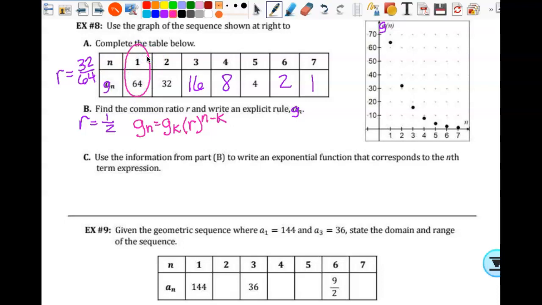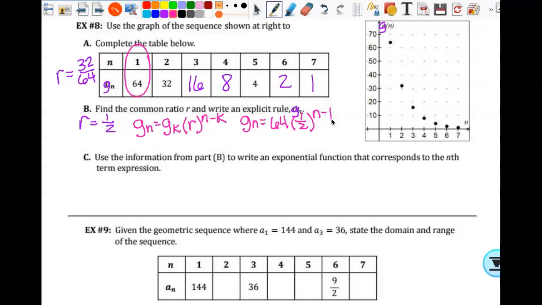Even though the 5 and the 4 are smaller numbers, we usually use the smaller n that we can. But it's not wrong if we use the other one. So this is going to give me G sub n equals, what's G sub k? 64 times R, which is 1/2, to the n minus what?